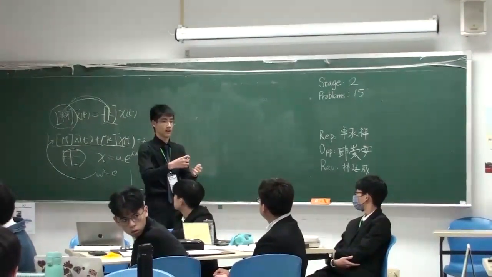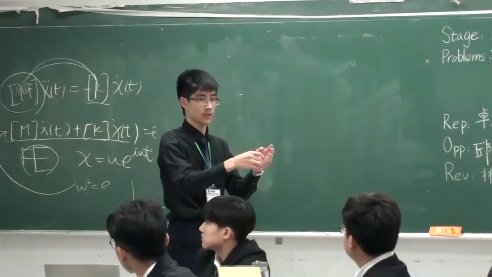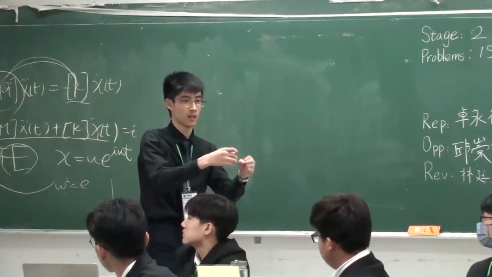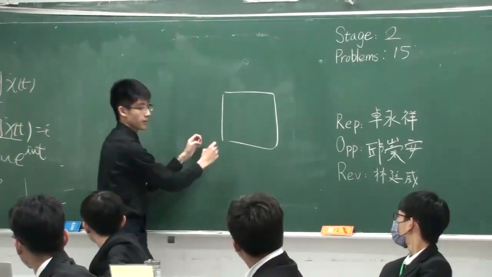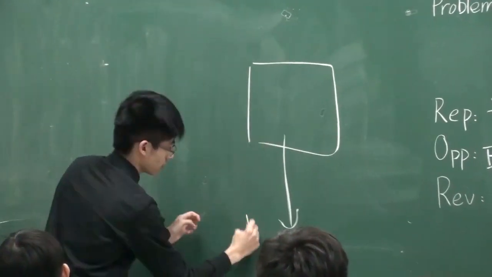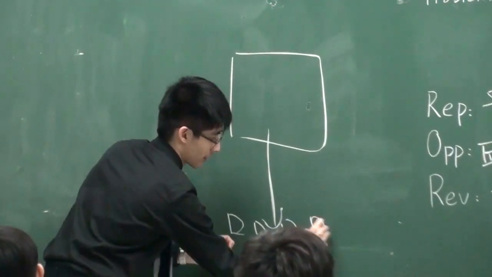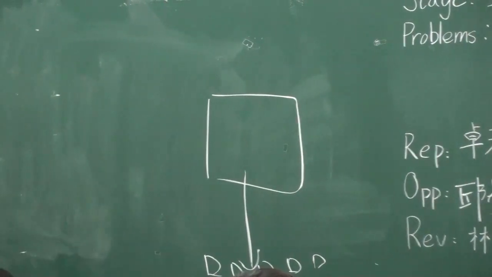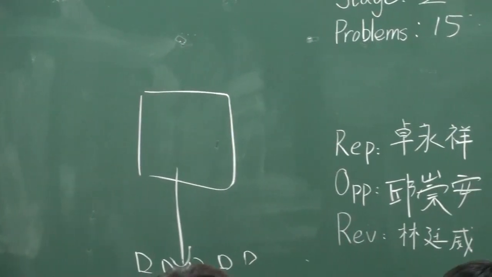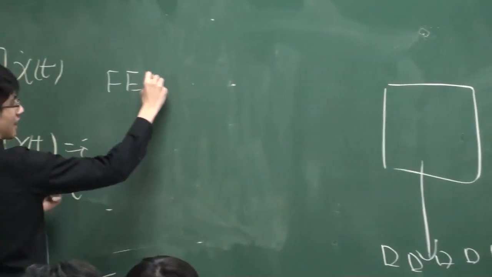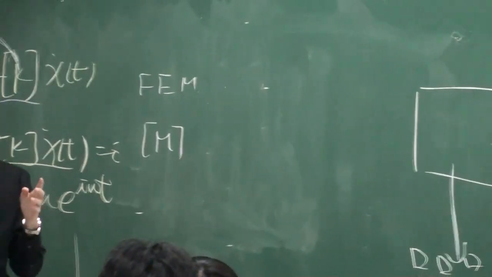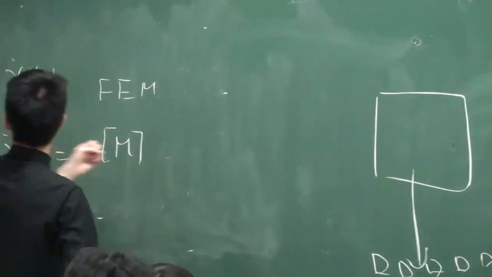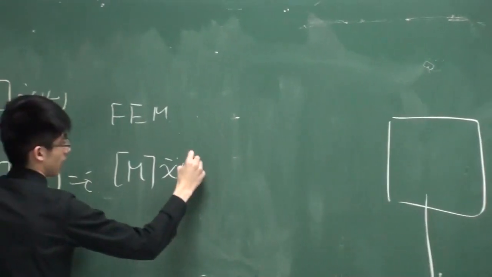So the first part is that we had water inside the ball, and in this finite area, we separate the water into infinitely small pieces. Like here I have a finite shape, and I can distribute it into an infinite number of small pieces. This is called the finite element method. Here is the mass: this M represents the distribution of the mass inside the water, and this is the acceleration of the mass.